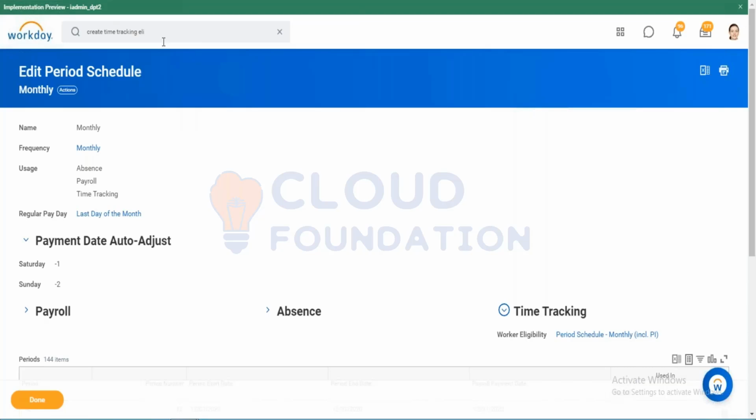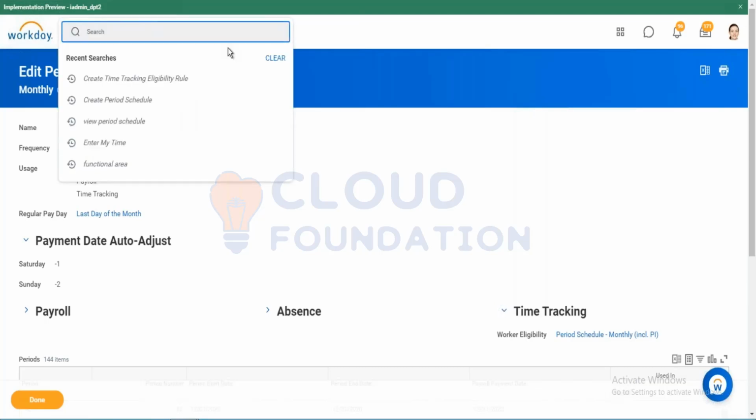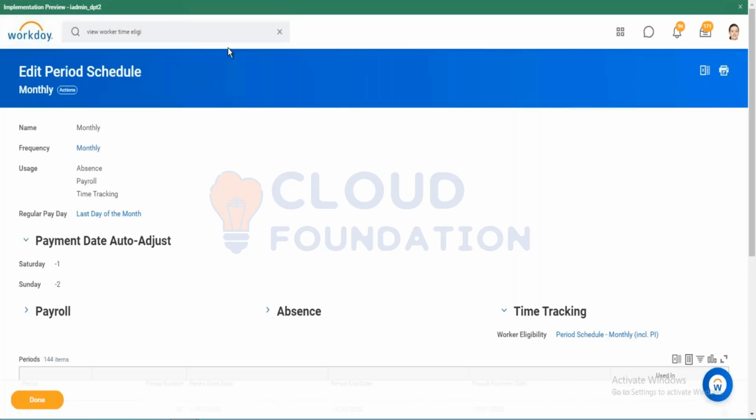In order to have that, this is a very powerful tool. Whenever you are doing a break fix or any enhancement, you just need to write it down: view worker time eligibility. It gives the, in Hindi we call it kacha chitta, everything for that worker.